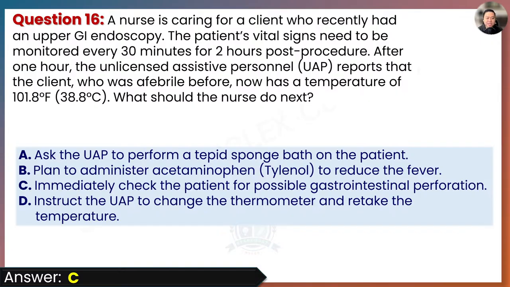And so take note of the clues in the question here. There is a sudden onset of fever after an upper GI endoscopy. So this is raising the suspicion, the possibility of the perforation. So you need to be on top of your game here.